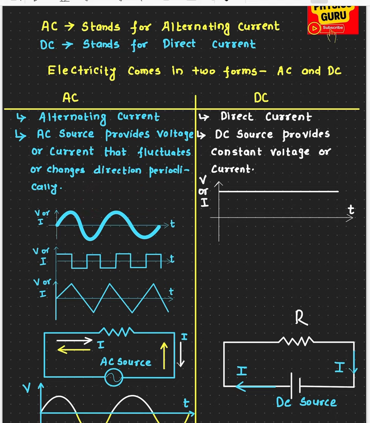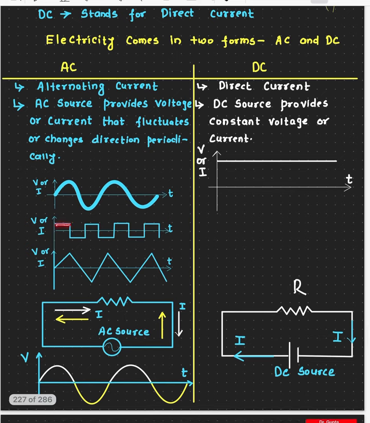Now if I look at another example, a square wave, here this one is a certain positive value, then drops to negative, again goes to positive, negative. So it is continuously changing its cycle, and we call this form a square wave AC source.